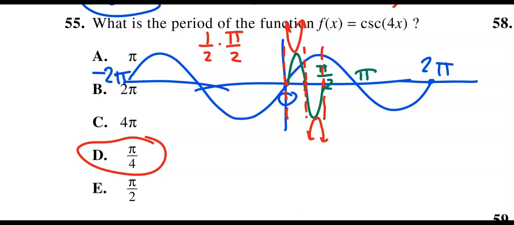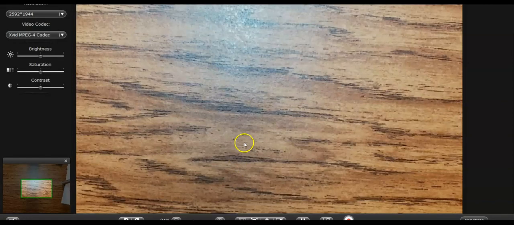I want to see if we can graph this on our calculators faster so that you can get the feel for it. Let me bring up my camera. And yep, I unplugged it, so I'm going to have to plug it back in again.